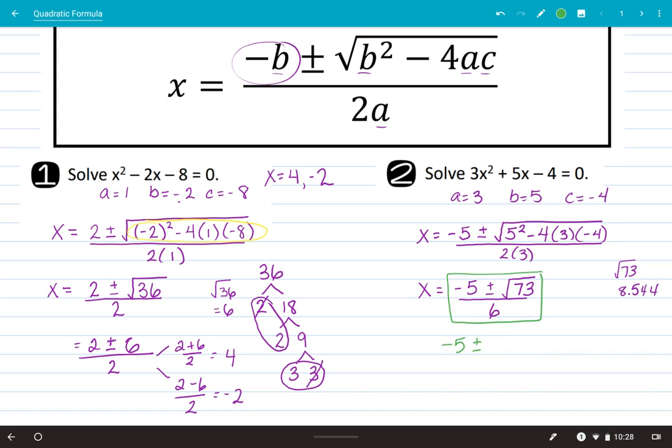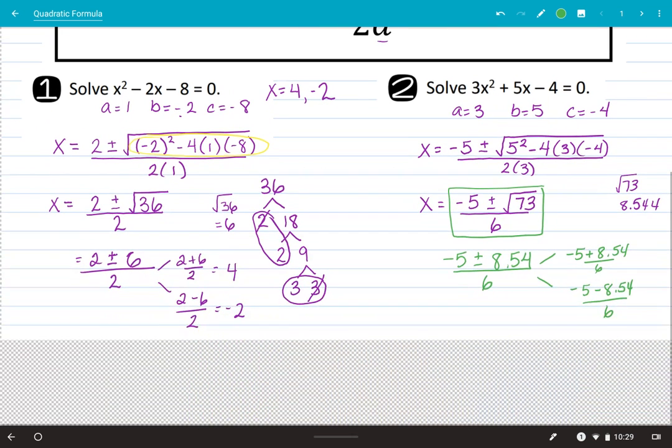Instead of that square root of 73, I'm just going to put 8.54. I'm only going to go to 2 decimal places, and then divide it by 6. Break it up, remember, negative 5 plus the 8.54 divided by 6, negative 5 minus 8.54 divided by 6.